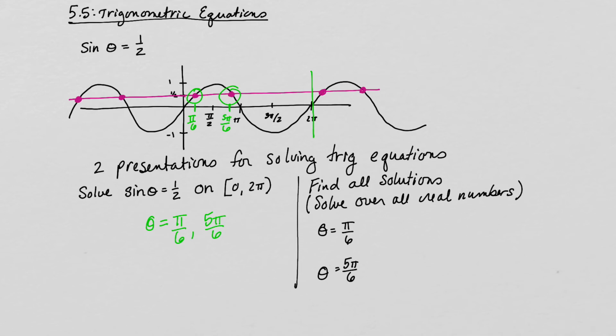And then the thing is that the distance between this first solution and this second solution is 2 pi. It's basically, I go around the unit circle once and then I go a little more, right? If I were to go from this one to the next solution out here, it would be another 2 pi.